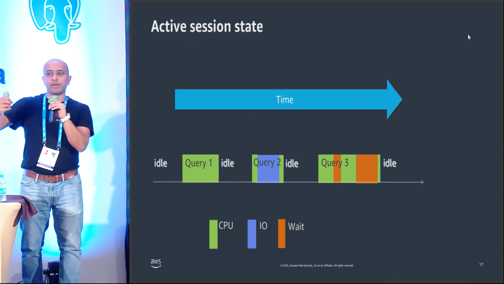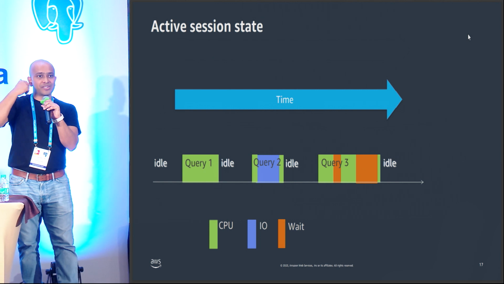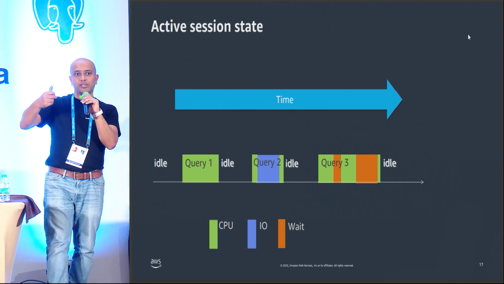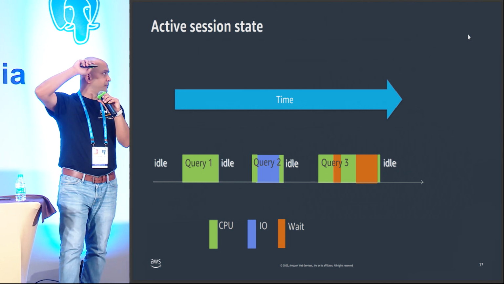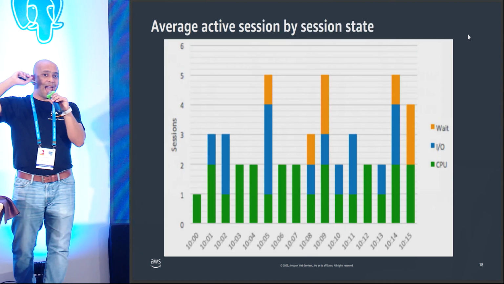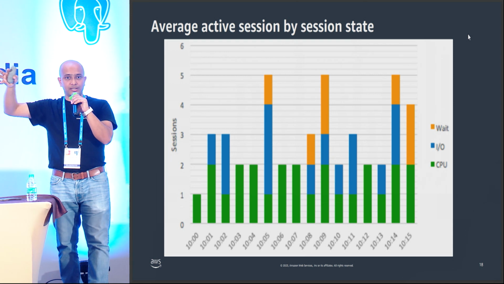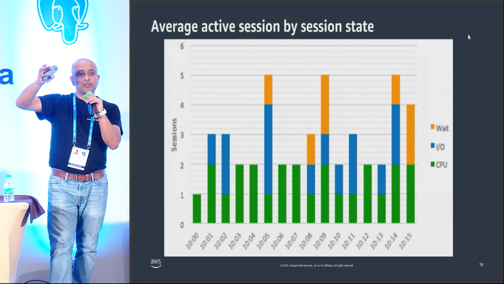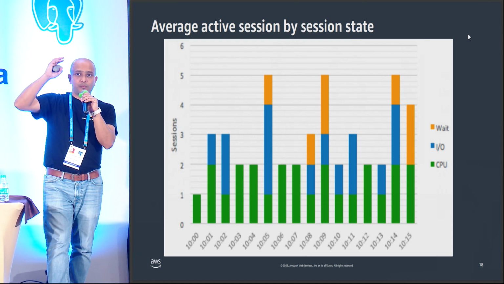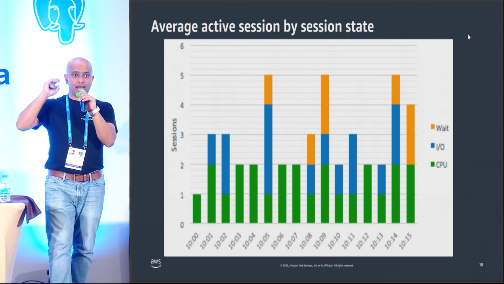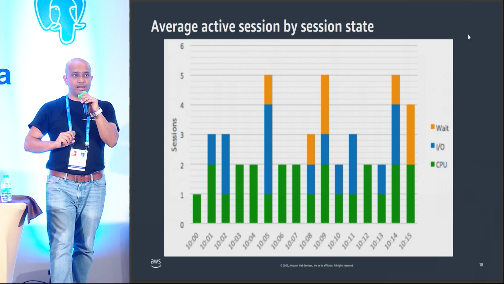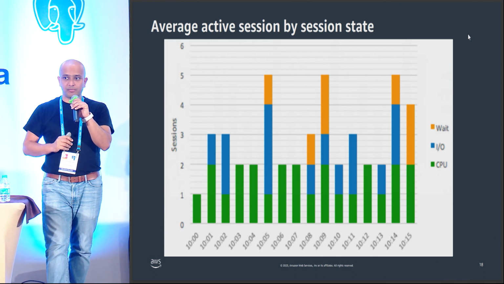To get that perspective, you could also include the state of the session or the resource it is using when you're sampling them. Then you get a view where you can see average active sessions by session state. Now you get to understand whether your workload is CPU bound, or IO bound, or mostly waiting for lock waits or something else.